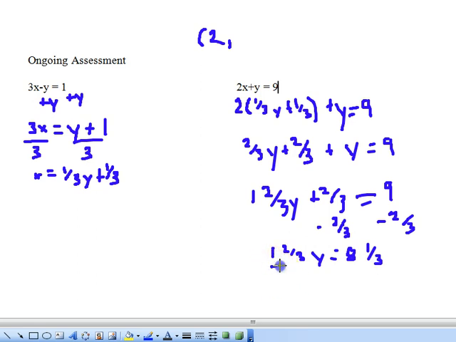Then you divide both sides by 1 2/3 because you want to get y by itself. Okay, and then you get y, 8 1/3 divided by 1 2/3 is actually 5. So y is equal to 5. Okay, so then your solution for this system of equations is 2, 5.